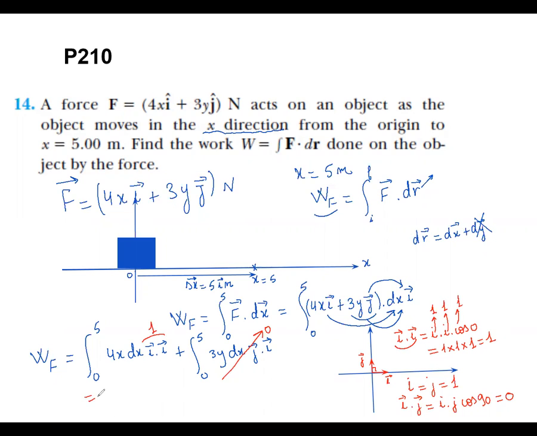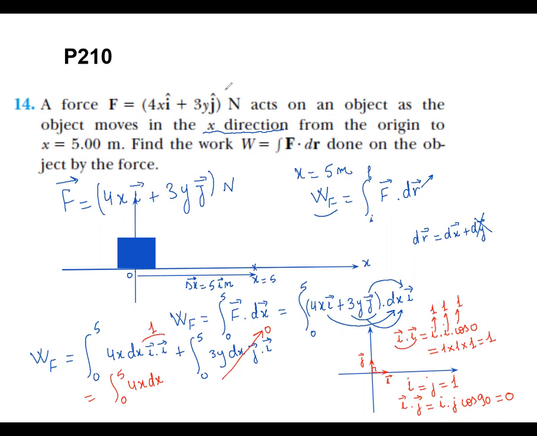We get the integral between 0 and 5 of 4x dx. The integral of x dx equals x squared over 2.